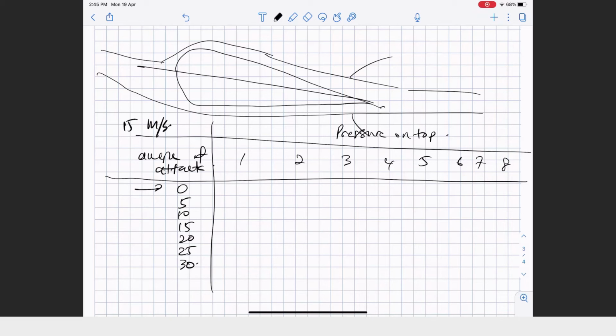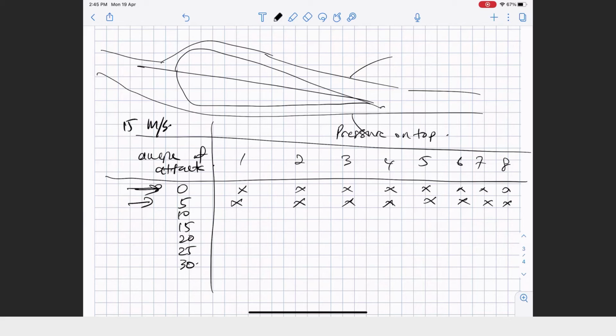So first of all, you run the experiment at 15 meters per second at 0 angle of attack, and then you read the manometer for 1, 2, 3, 4, 5, 6, 7, 8. The next thing you do, velocity stays the same, 15 meters per second, but you change the angle of attack to 5. And then you get it again, 1, 2, 3, 4, 5, 6, 7, 8.